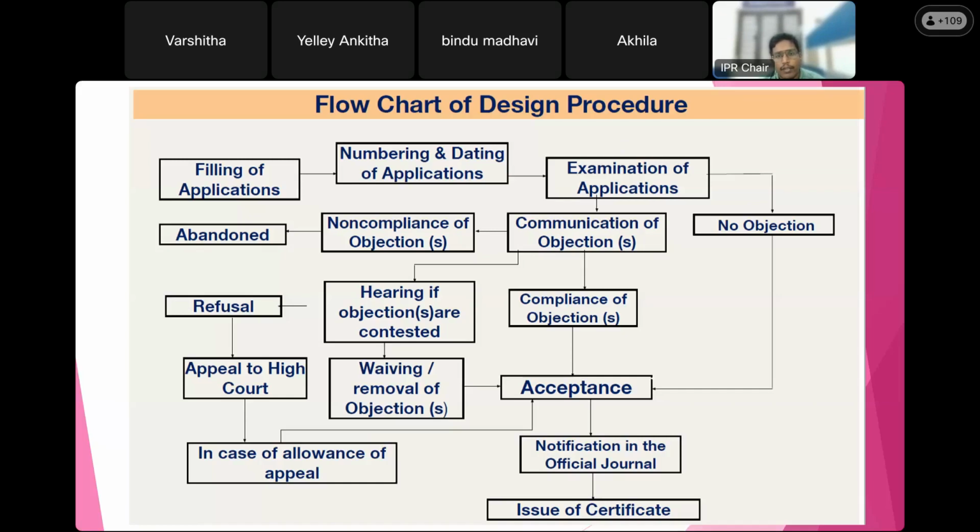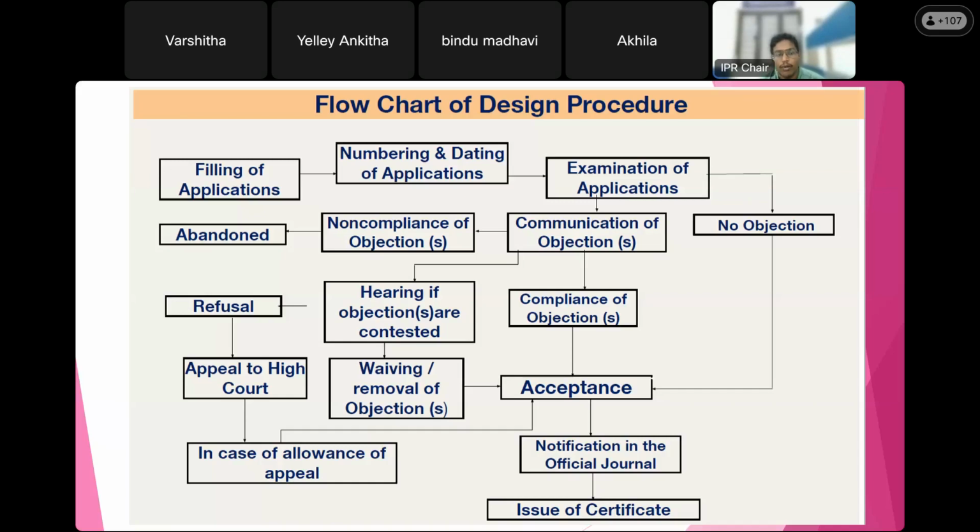After that, your application will be examined by the design office, the Controller General of Patents, Designs and Trademarks Office, as it is called. Then if there are any objections, you will get them, because if the design is not novel, not original, not distinctive, copied from somebody, or already exists in the public domain, then those designs are not registrable.